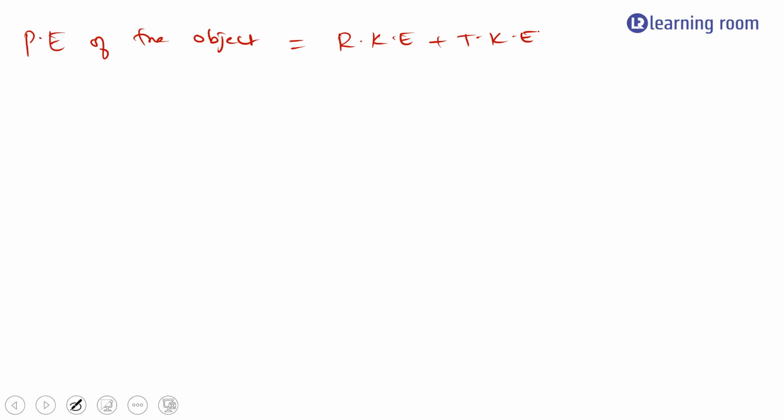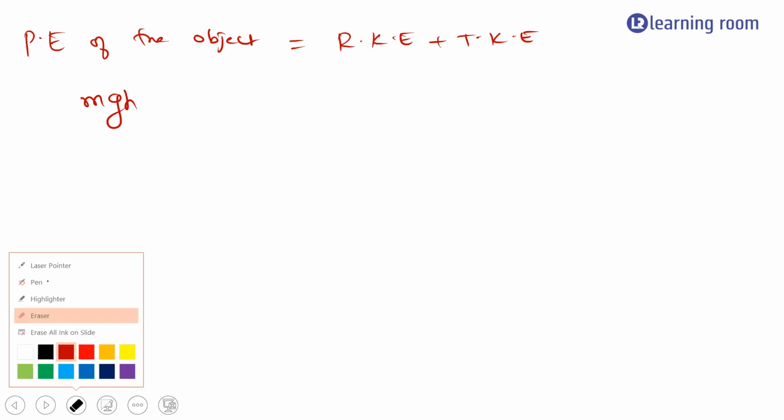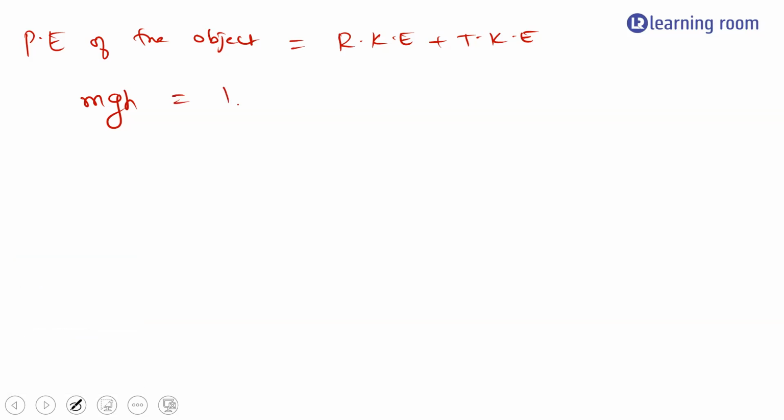So potential energy of the object is mgh, which is equal to rotational kinetic energy, half I omega square. Instead of I, can I write mk square? And what is omega? V by R, the whole square. Plus translational kinetic energy, half mv square.